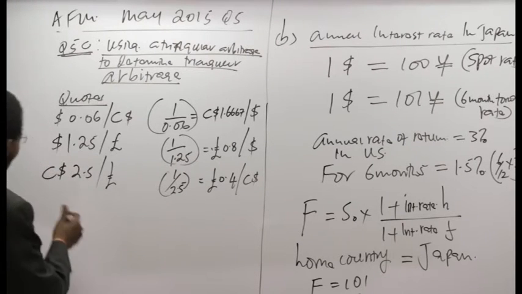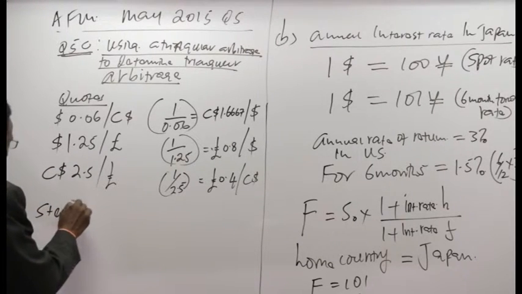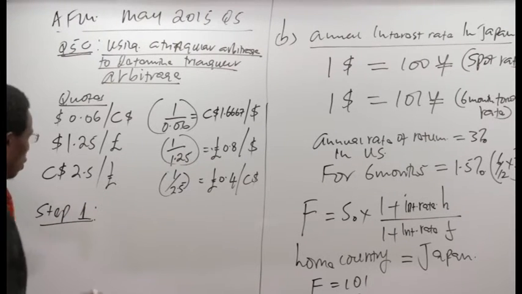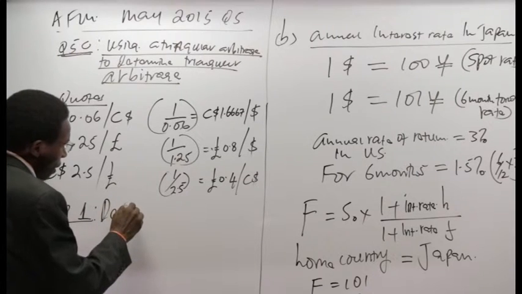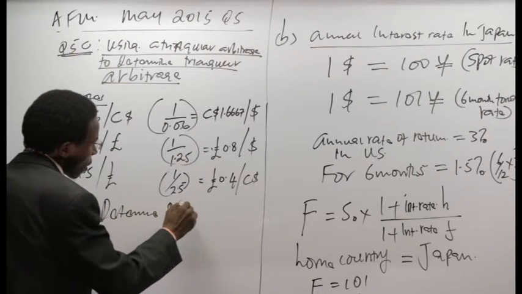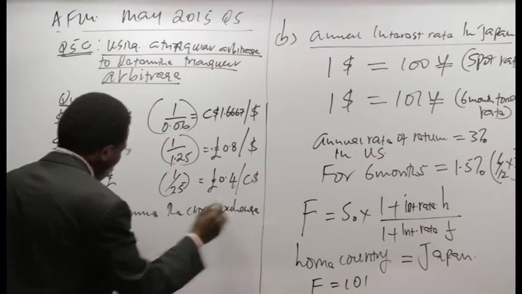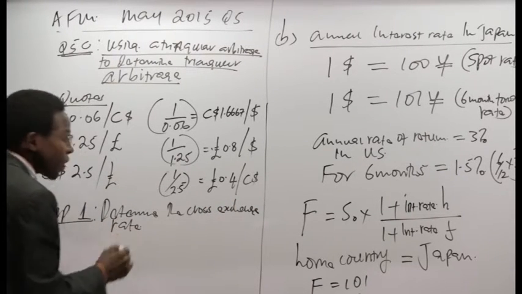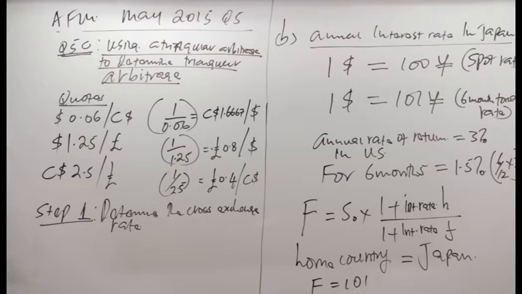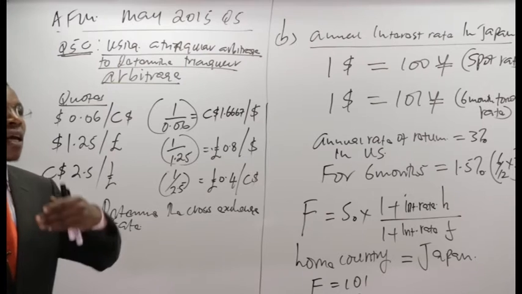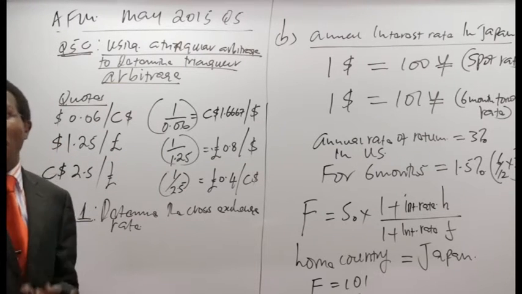So step number one, we must determine the cross exchange rate, which will be expressed in dollars. The main reason for the cross exchange rate is to determine the overvalued or undervalued currency.